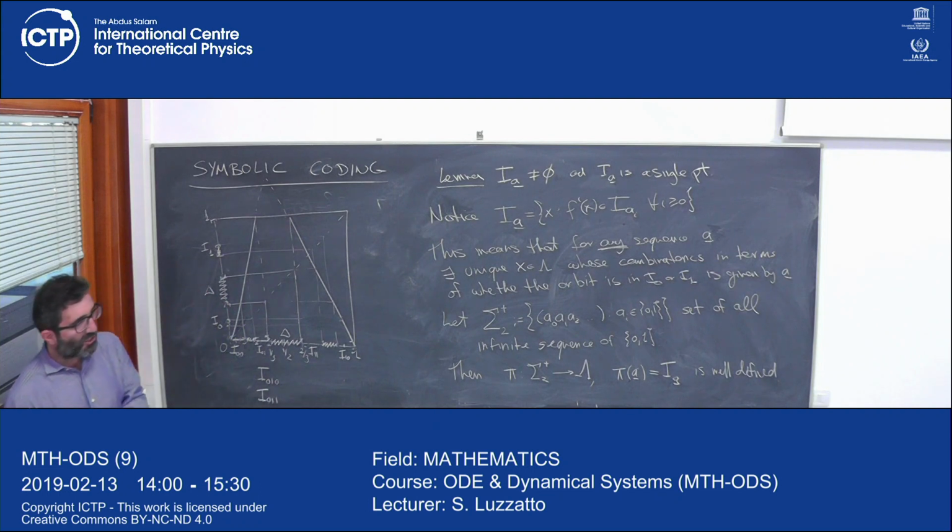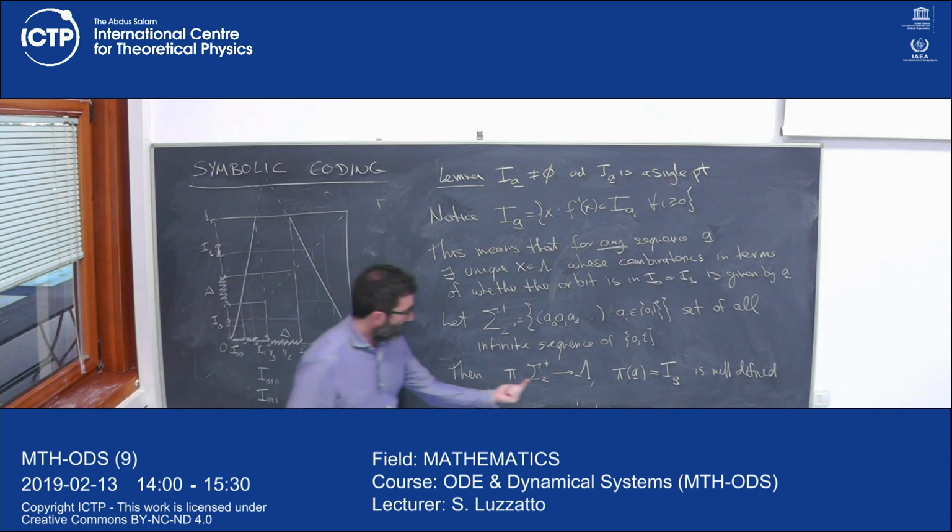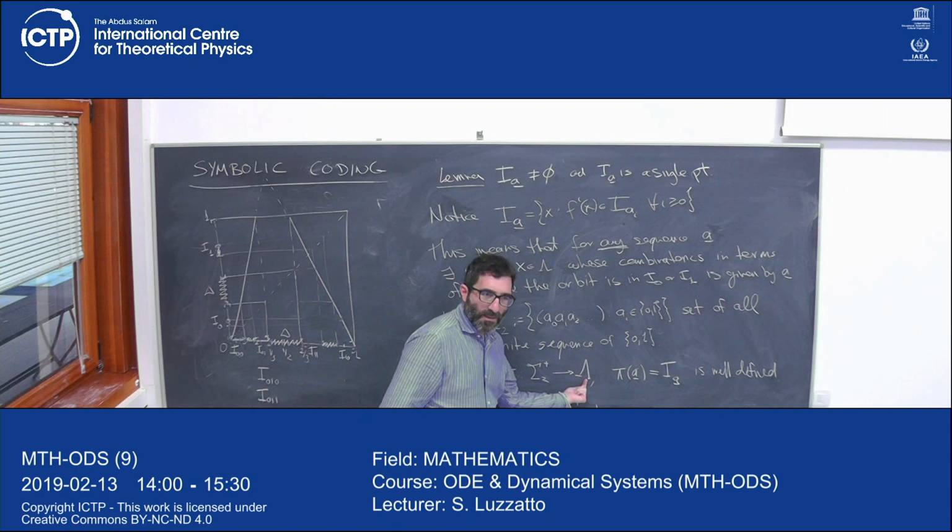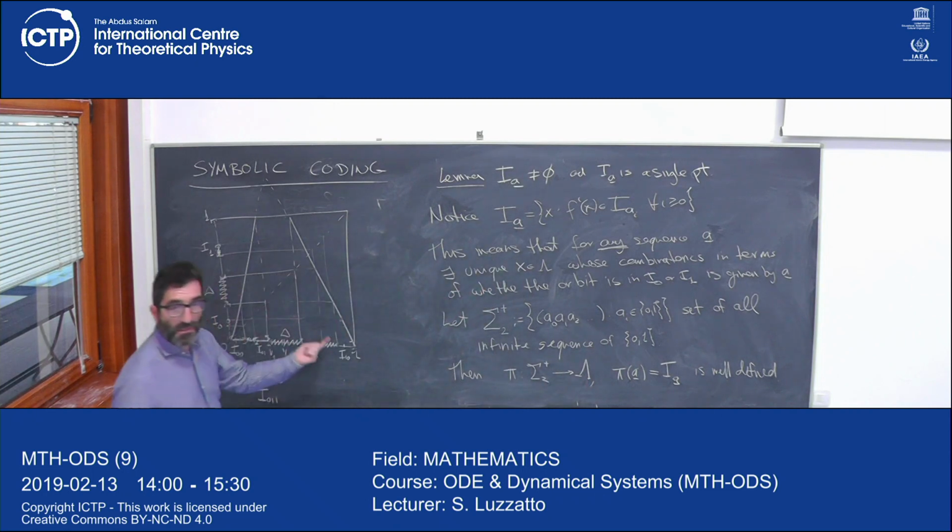Okay? And why is it surjective? For every point, you can have such a sequence, because for every point you can define its combinatorics.